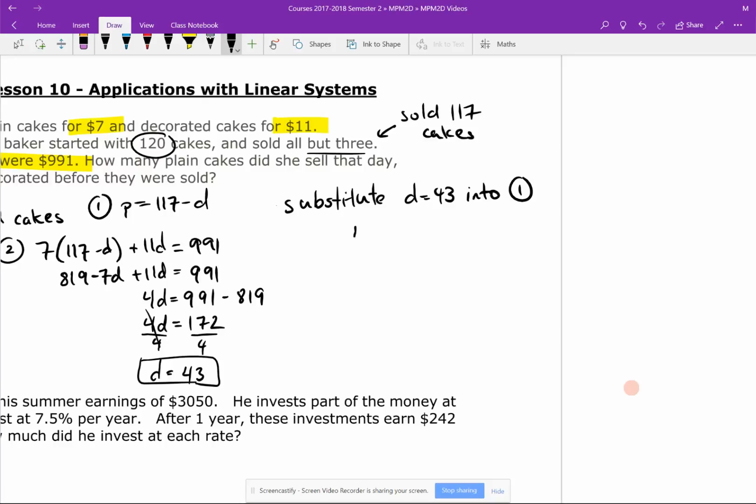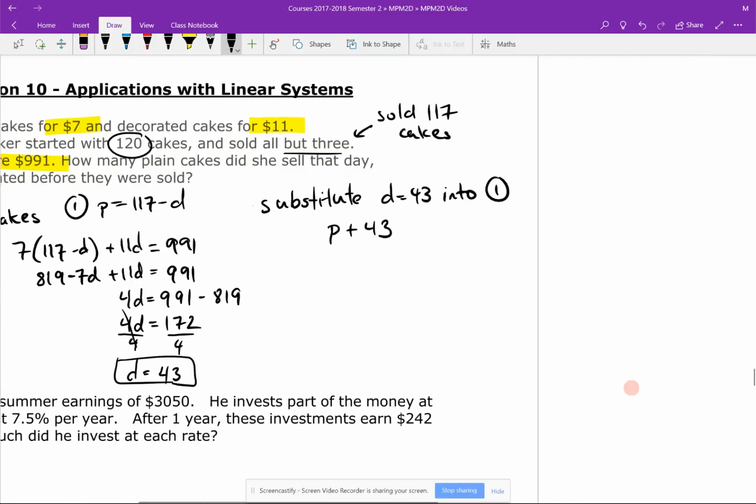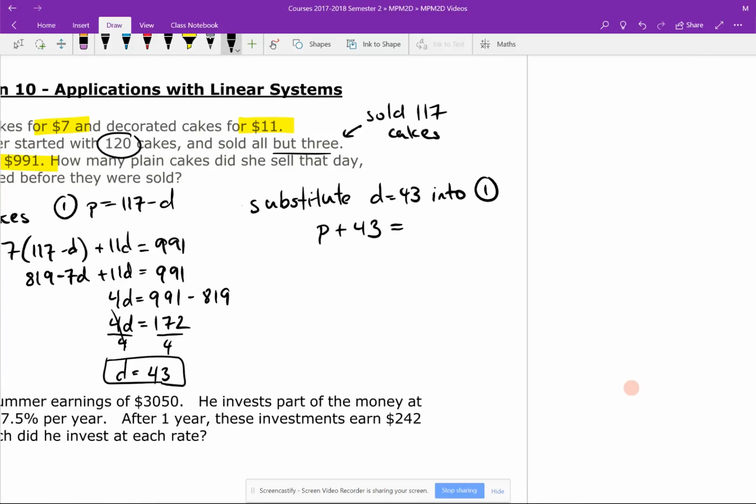So I'm going to say P plus 43 equals 117. Okay, and if I subtract 43 from both sides, I'd have 117 minus 43, which is equal to 74. So I have 74 plain cakes sold.